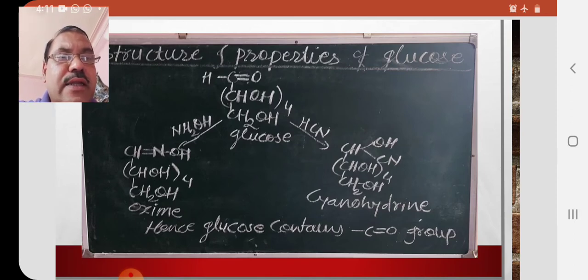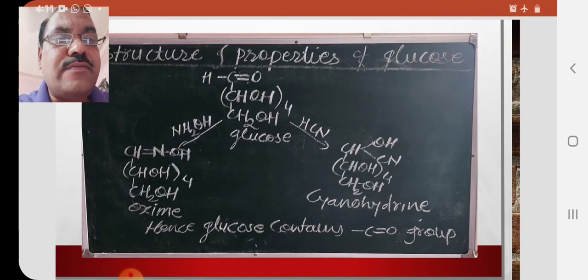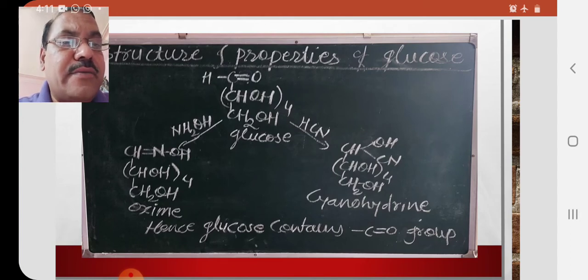We have already studied the reactions of aldehydes and ketones, so go through those reactions. When aldehyde or ketone is reacted with hydroxylamine, the carbonyl group is converted into oxime. Or when aldehyde or ketone is reacted with hydrogen cyanide, cyanohydrin is formed.